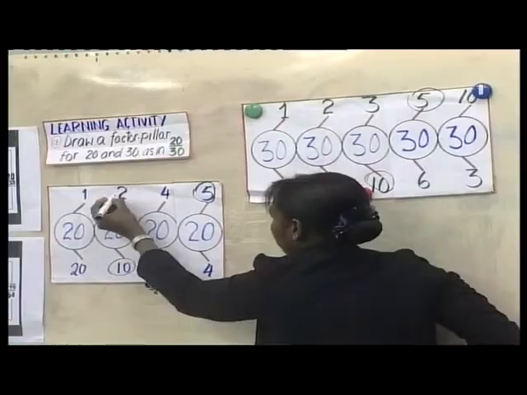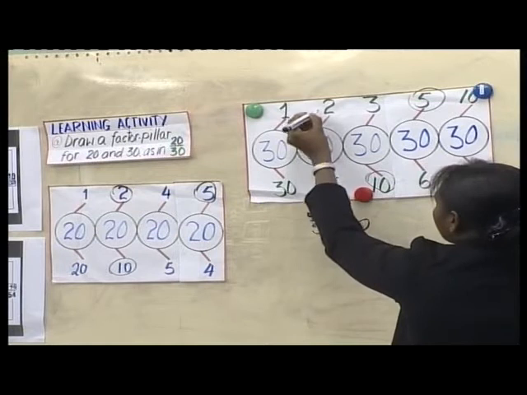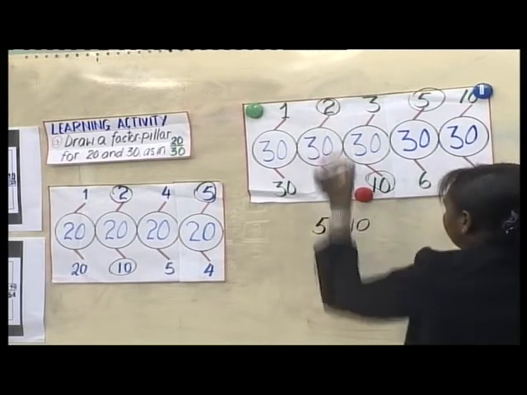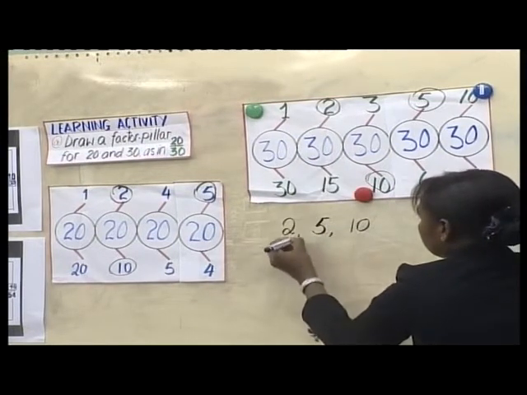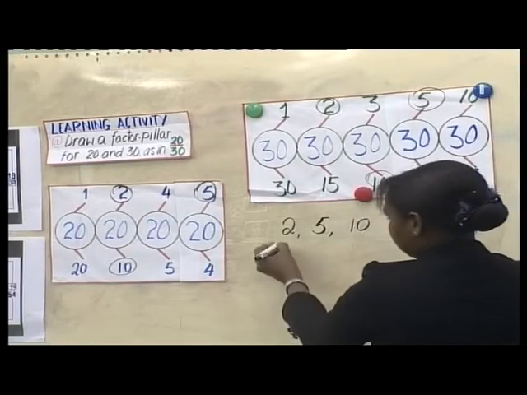We have 2 found in 20 and another 2 here. Any more? Okay, let's have Irene from the back. 1. 1 is common for all numbers.